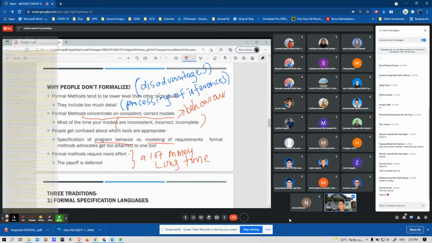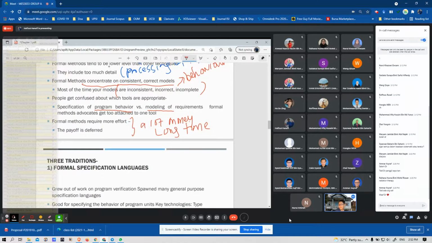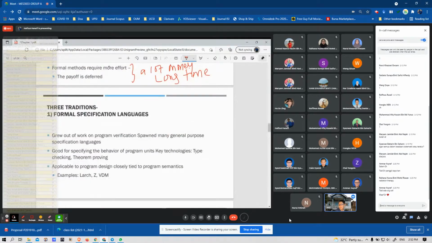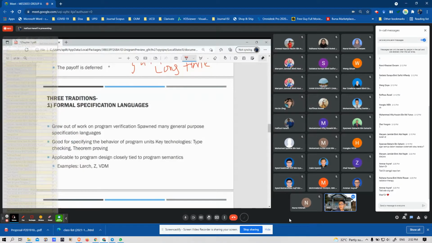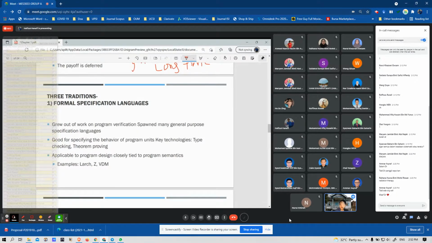And then this one is more on the traditional formal specification languages that have been used in safety critical systems. Examples of program design closely tied to program semantics: we have LAS, we have Z notation, we have Vienna Development Method, and so on.